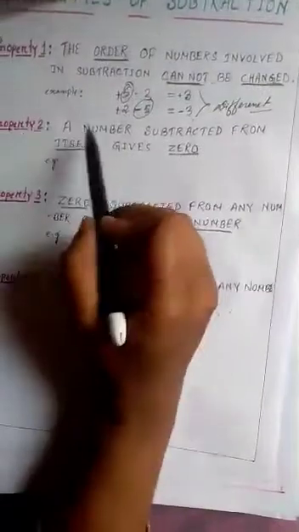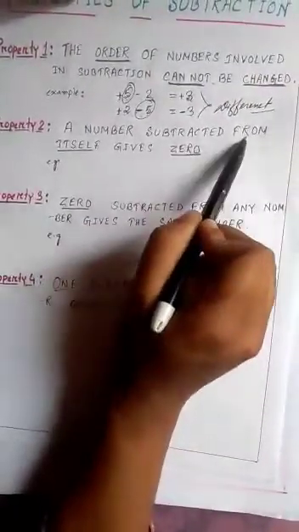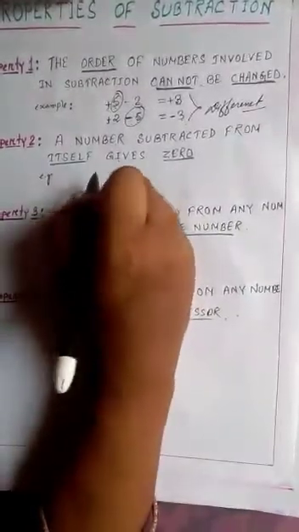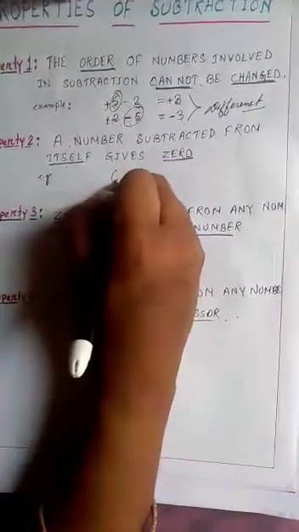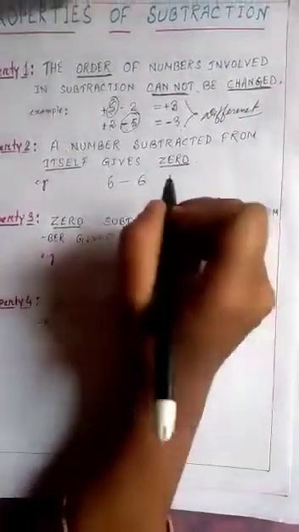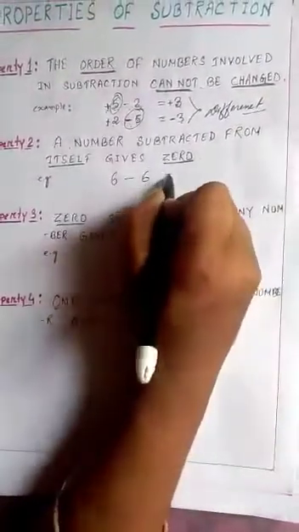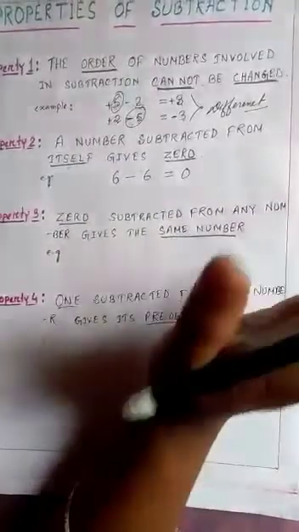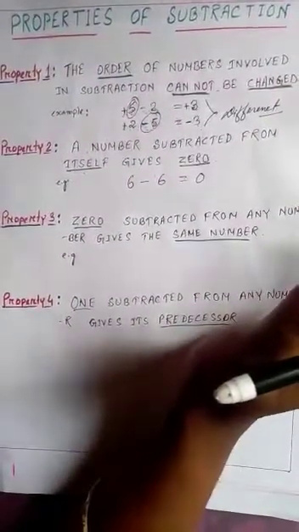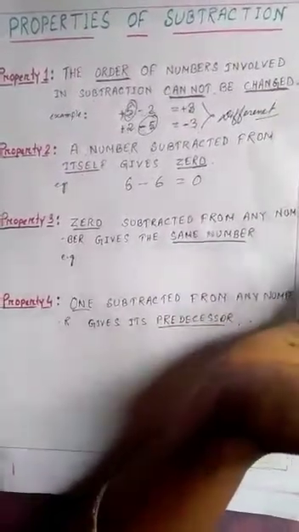Alright students, property 2: you can see a number subtracted from itself gives 0. Suppose 6 minus 6, what will you get, students? 6 minus 6, always it will be 0. Suppose you have 6 balls, and you give away all the 6 balls, then what will you get?